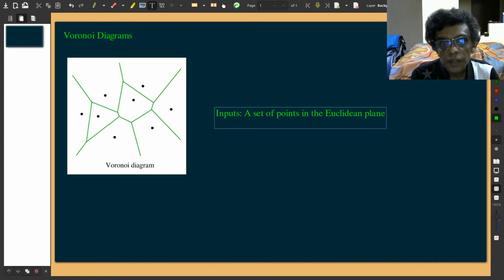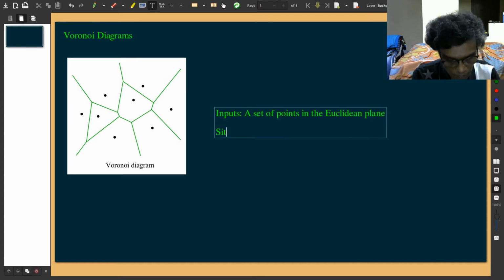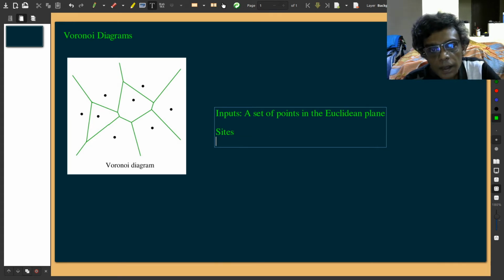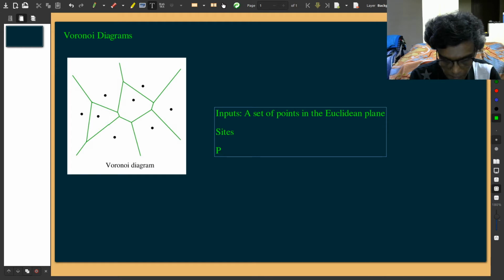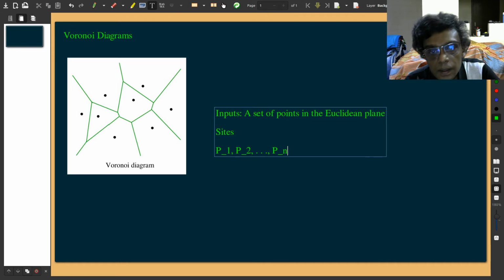These points are called sites. I will call these sites P1, P2, and so on, Pn. So these are the sites, P1, P2, P3, P4.